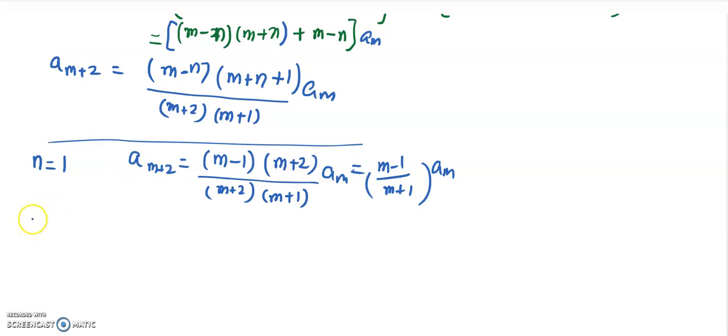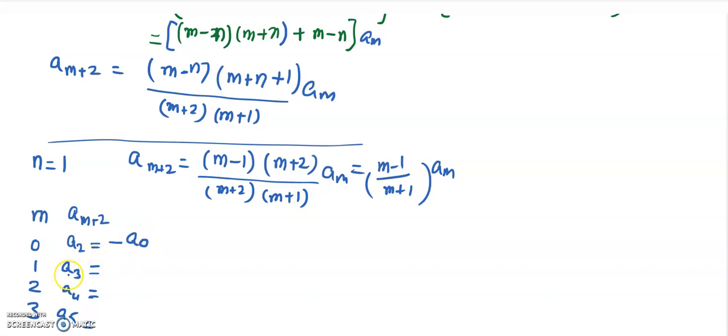Okay, so in this case the terms of the equations will be, so for example, if I take a table for m is equal to 0, 1, 2, 3, and then I will have the am plus 2 terms as a2, a3, a4, a5 equal to, and then I will have these terms in terms of m minus 1, that will be m is equal to 0. 0 minus 1 is minus 1, and minus 1 over 1, so it will be minus a naught.